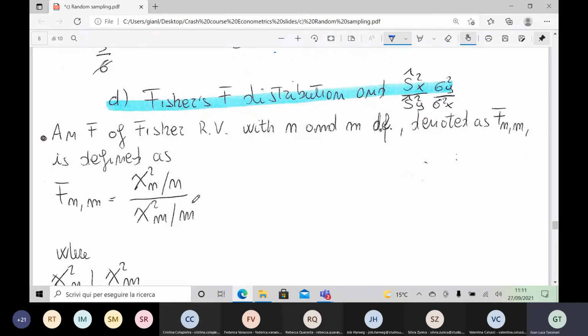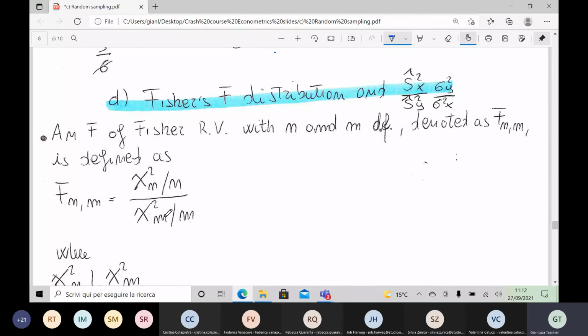A chi-square with n degrees of freedom divided by its number of degrees of freedom, and another chi-square with m degrees of freedom divided by m degrees of freedom. So the number of degrees of freedom here refers to the chi-square you have in the numerator. The number of degrees of freedom here refers to the chi-square in the denominator.